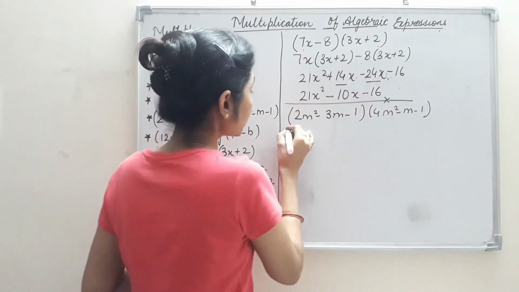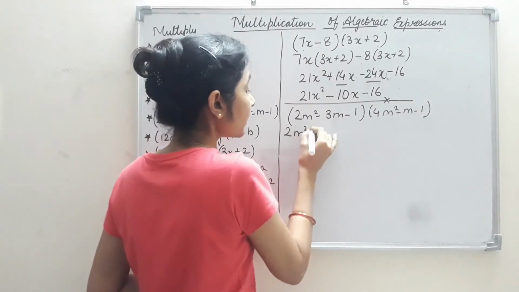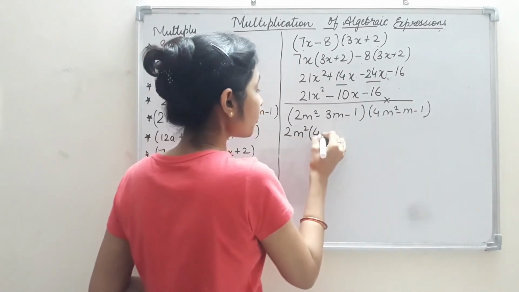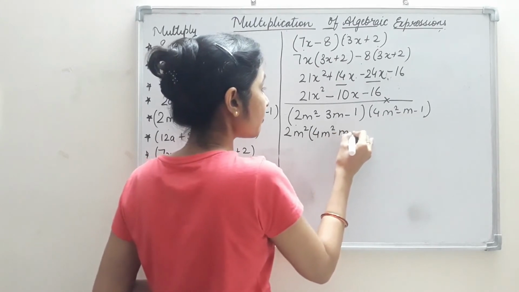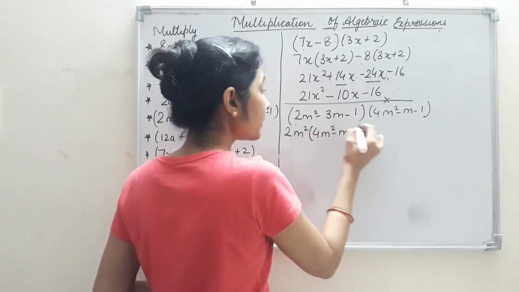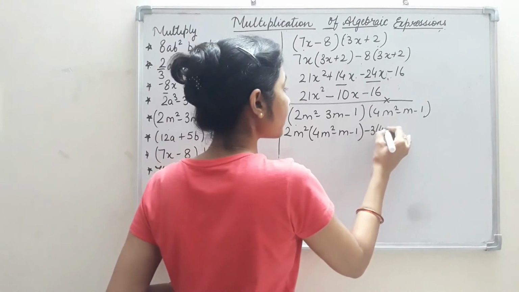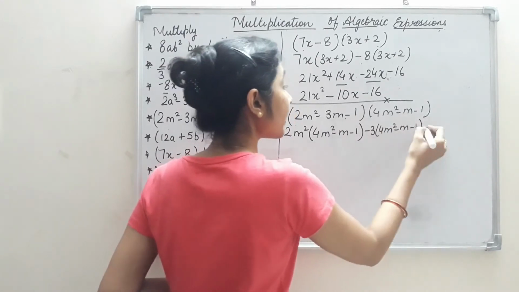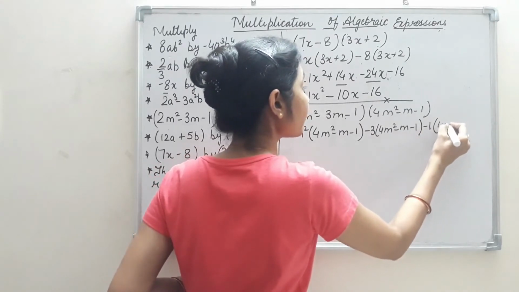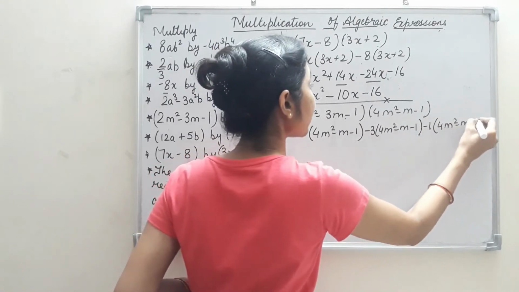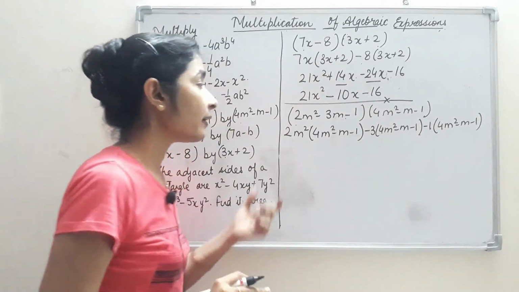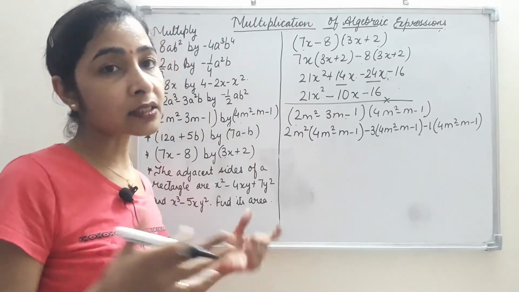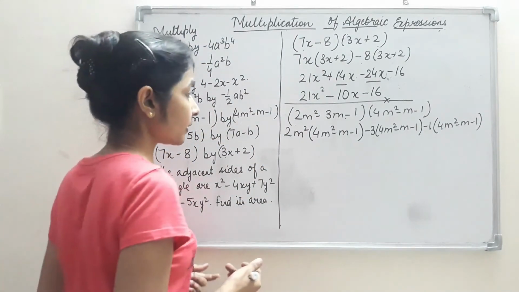So first 2m square will be multiplied with all the three terms, 4m square minus m minus 1. Then minus 3m will be multiplied by 4m square minus m minus 1. Then minus 1 will be multiplied by 4m square minus m minus 1. Okay, and whatever answer we get, we'll just combine the like terms and that will be our final answer.